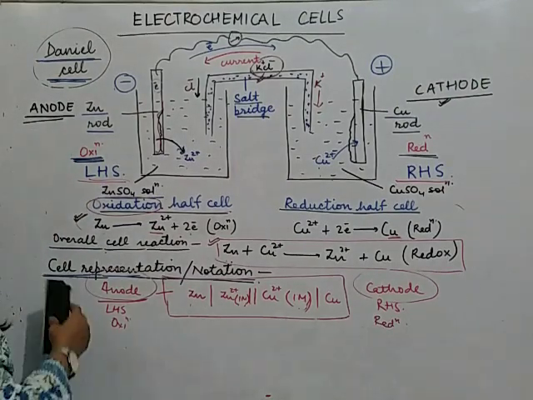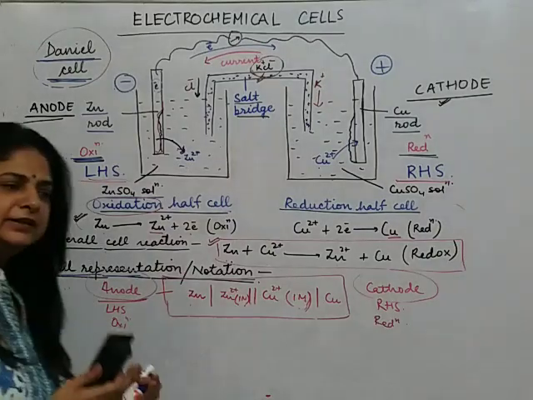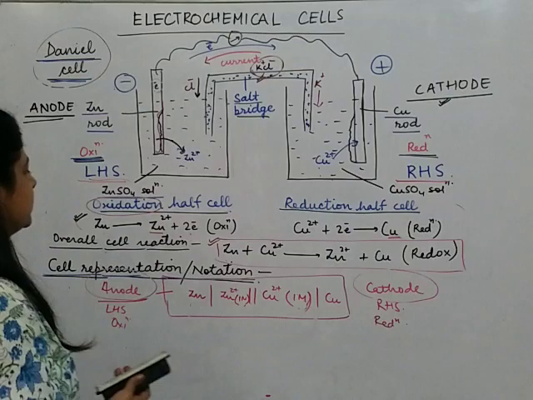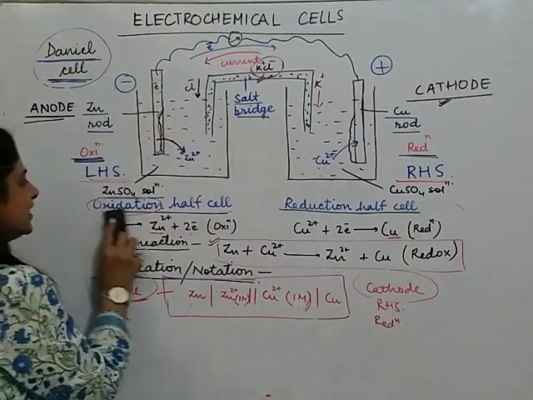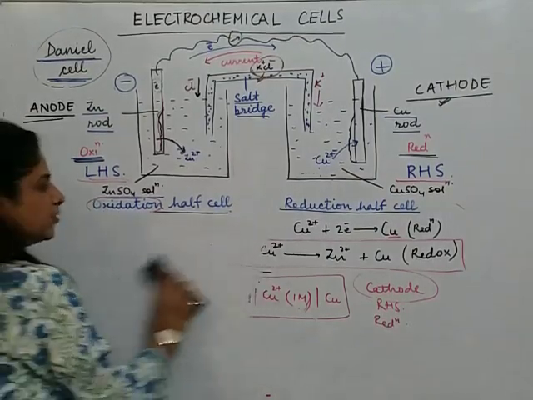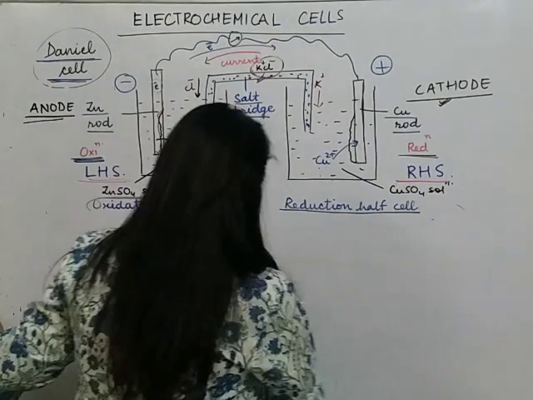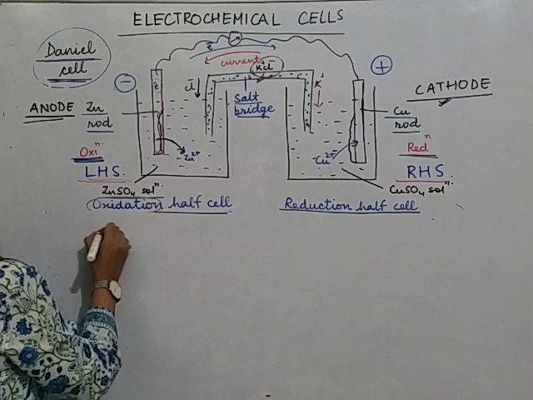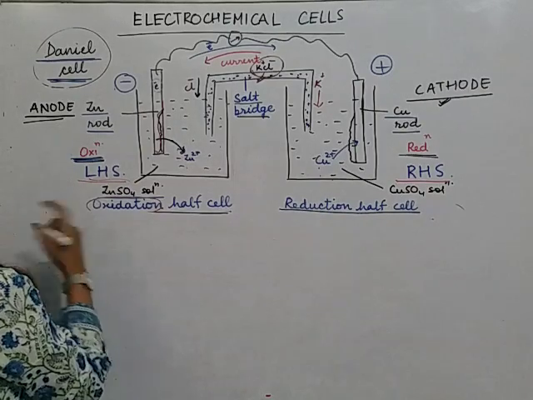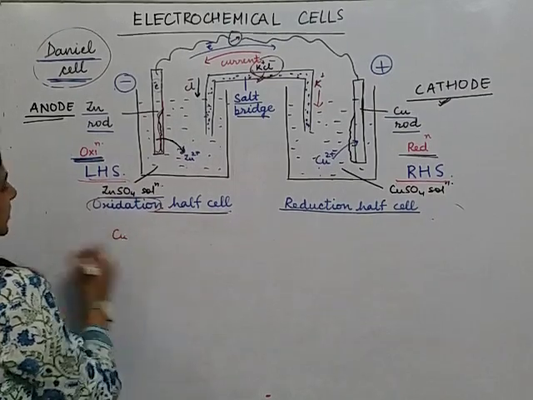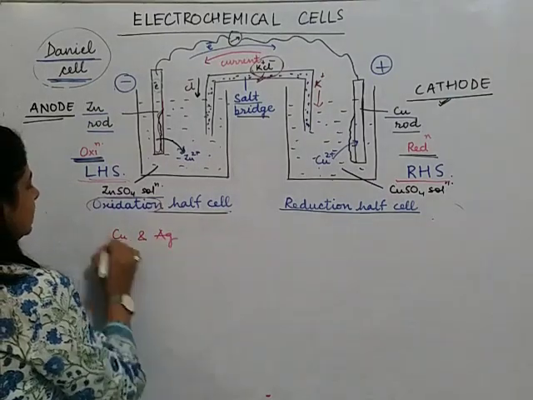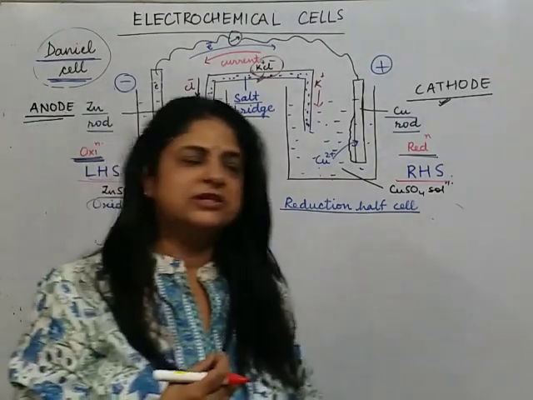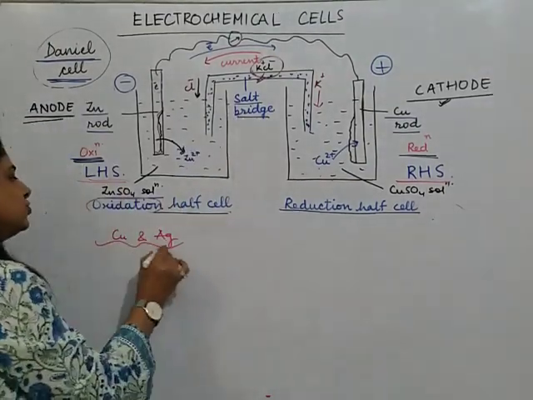Now let us take an example of another combination of metals, like we have taken zinc and copper. If we take a combination of copper and silver, what if we want to construct an electrochemical cell using these two metals?